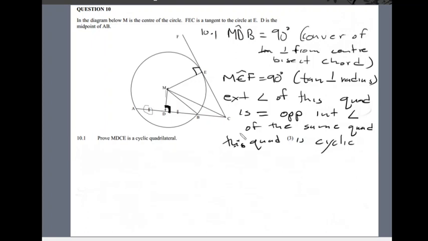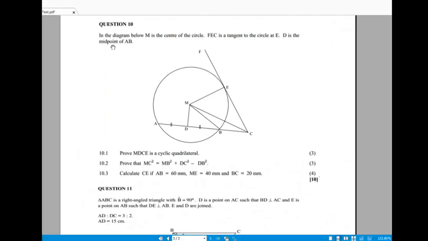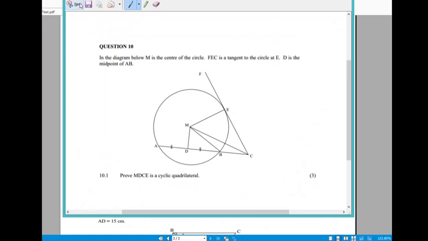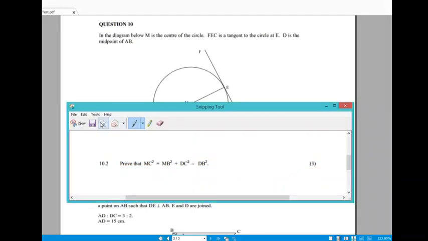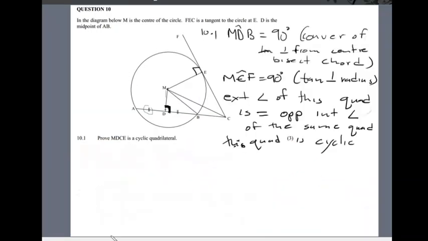Okay, and then say I go to 10.2. So 10.2, he proved that MC squared is equal to MP squared plus DC squared minus DP squared.